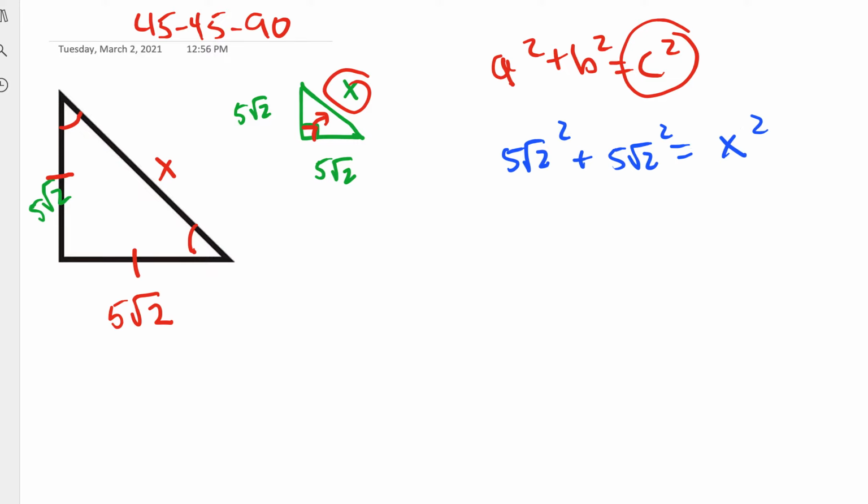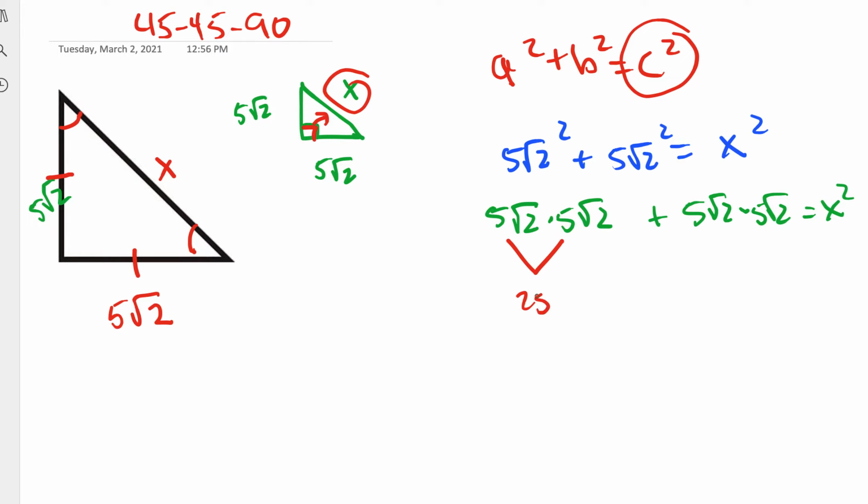Students sometimes don't remember how to square square roots, especially with a whole number. So this means 5 square root of 2 times 5 square root of 2. And once we do one, we'll know the other one. Like we said, a whole number multiplies with whole number, and square root with square root becomes square root of 4, or normal 2.